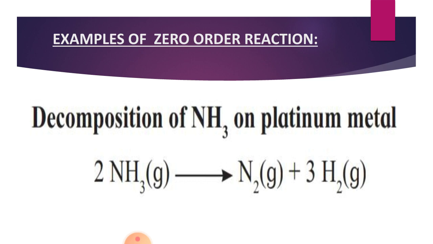Whatever your metal surface is, it gets covered by a layer of ammonia molecules. Here a number of ammonia molecules attach on the platinum surface.